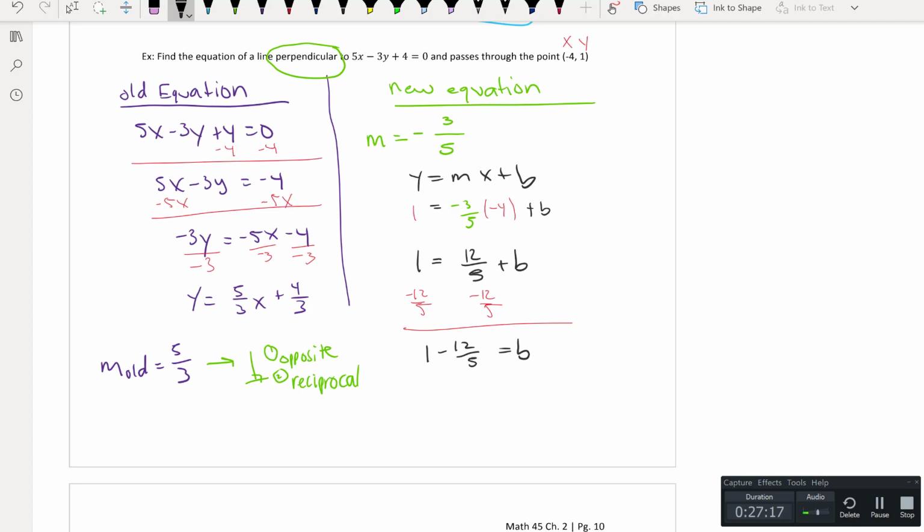And again, you can use your calculator here, or you can do this value over to the side, but 1 minus 12/5 would give me negative 7/5, which is equal to my b value. So my final answer here is going to be y is equal to negative 3/5 x minus 7/5. So that will be my final answer.